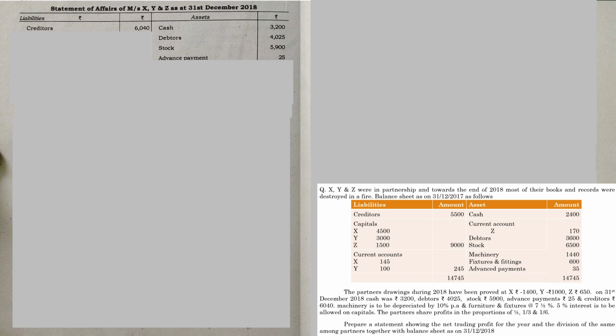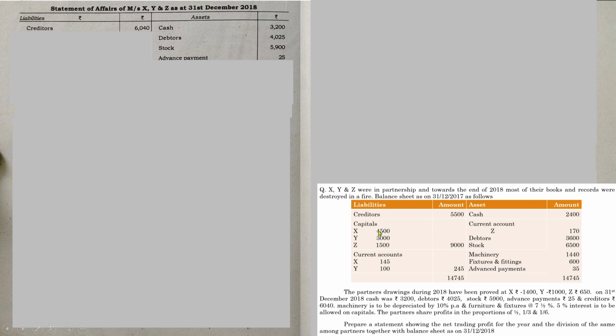In this case, you can consider the capital balances stated in the opening balance sheet, because it is an assumption that the capital shown in the opening balance sheet will remain the same by the end of the period also. So while preparing the closing statement of affairs, you can consider these amounts.